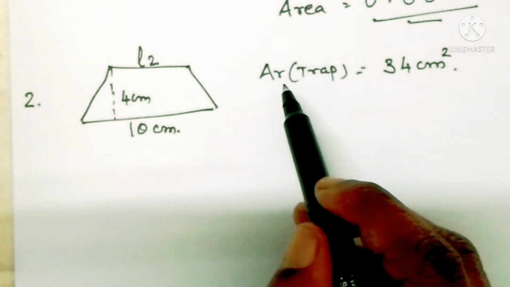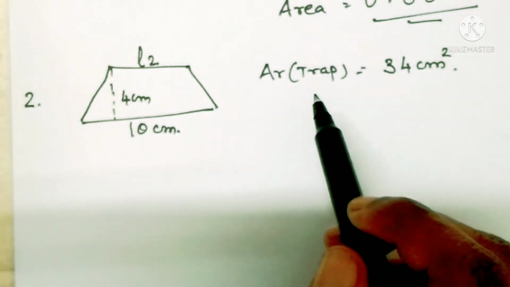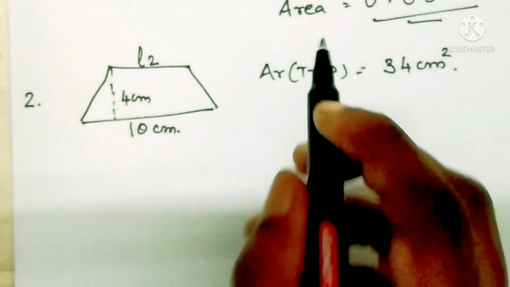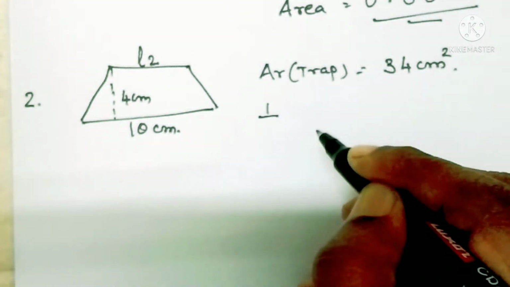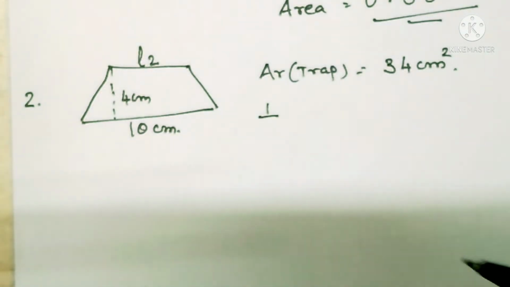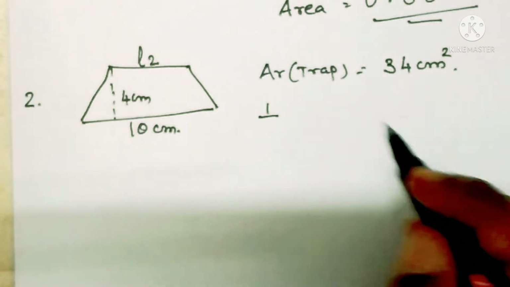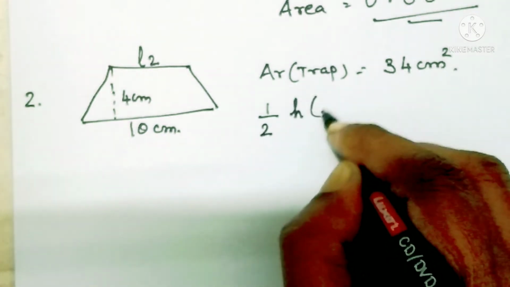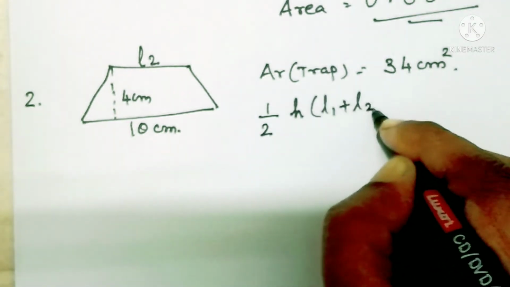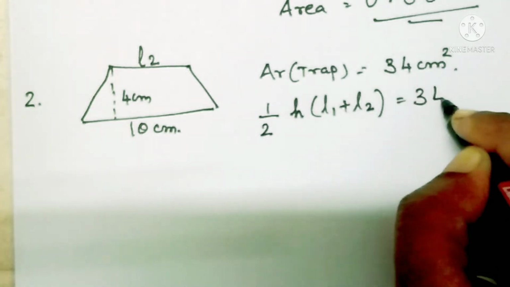So area is equal to half height into L1 plus L2. From that actually three measures are given. Area is given, height is given, L1 is given. So you have to find L2. So we know that half h into L1 plus L2 is equal to 34.